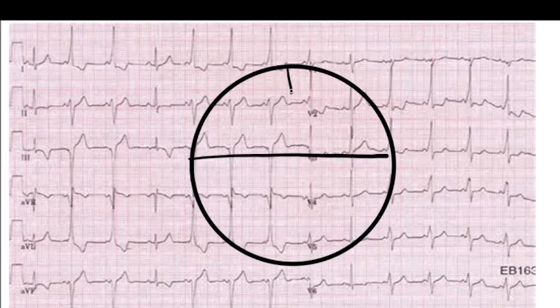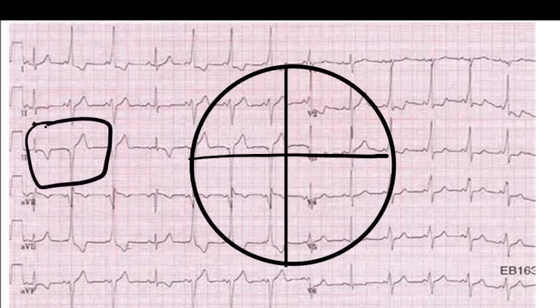So in an inferior MI, the inferior part of the heart is scarred. As it is scarred, it's no longer going to conduct the electricity. Initially the vector was like this, normal axis. Since depolarization is not happening on the inferior side, this will shift a little bit up.